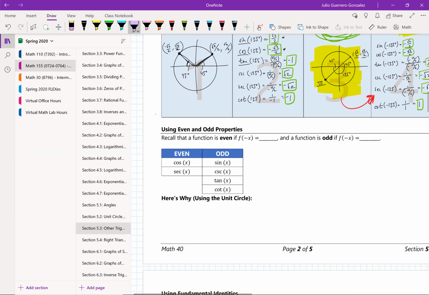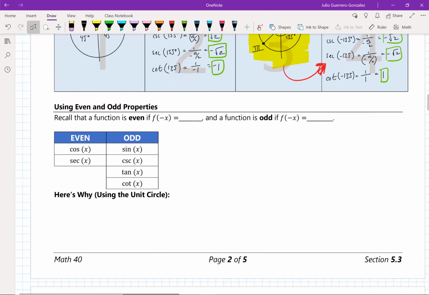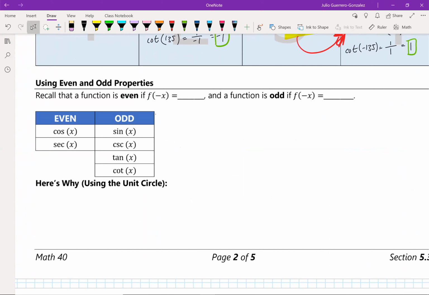So there are certain, you guys remember what odd and even properties were? An even function was if you plugged in negative x into a function, you got f of x back. Okay, and an odd function was if you plugged in negative x, you got negative the function back.